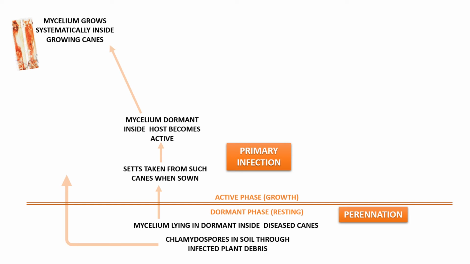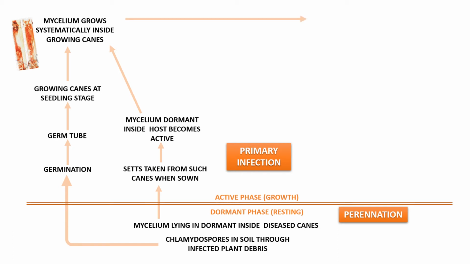Talking about the other condition through which they survive the unfavorable period in the resting phase, that is through chlamydospores. These chlamydospores, on getting favorable conditions, germinate and produce a germ tube, which grows inside the seedling stage, and then the mycelium starts growing systematically inside the growing canes.